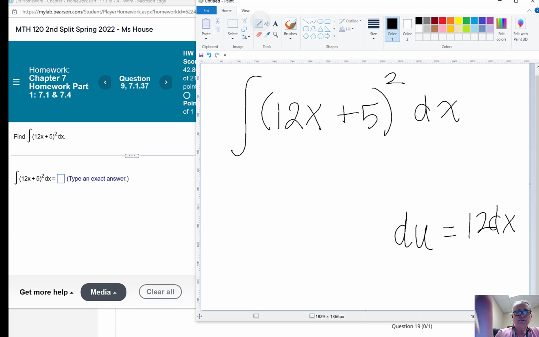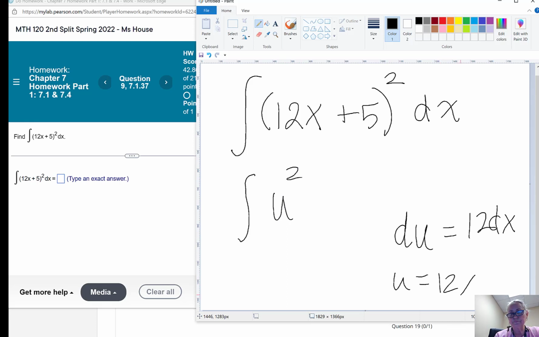So I'm going to say, okay, this guy is the integral of u to the second, because don't forget, u is 12x plus 5. And the problem is here I need a 12 dx, but I only have a dx. So here's what I do. I'm going to put in a 12 here, and I'm going to take out a 1/12 here.